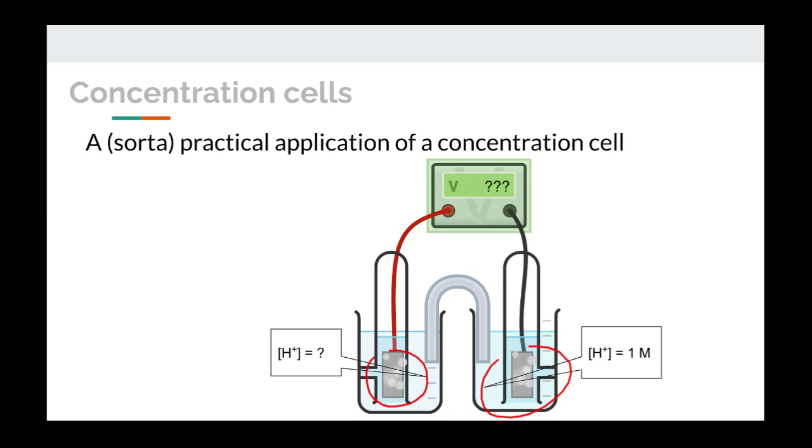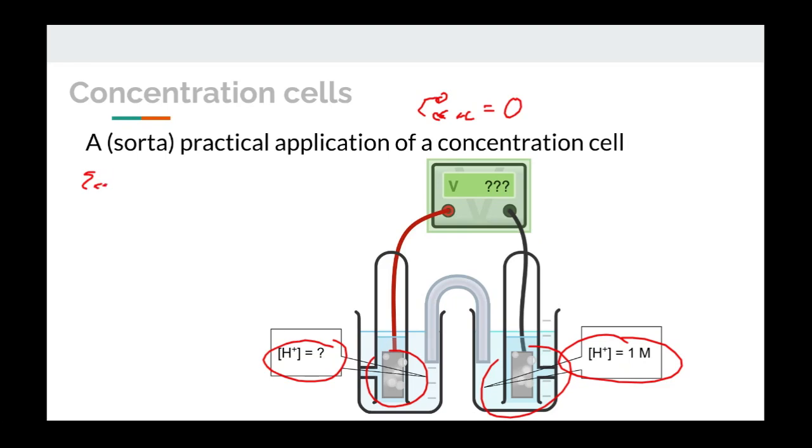So we are both oxidizing H2 and reducing H plus in this reaction. On this side, we have a 1 molar concentration. On this side, we don't know what the concentration is, and maybe we want to find out what that concentration is. So let's think about the cell potential here. First of all, the standard cell potential is 0 because it's the same half reaction on both sides.